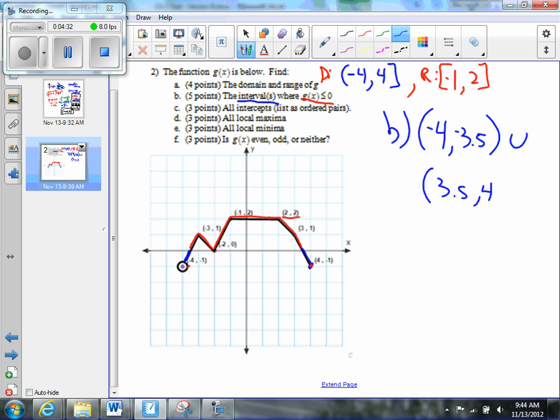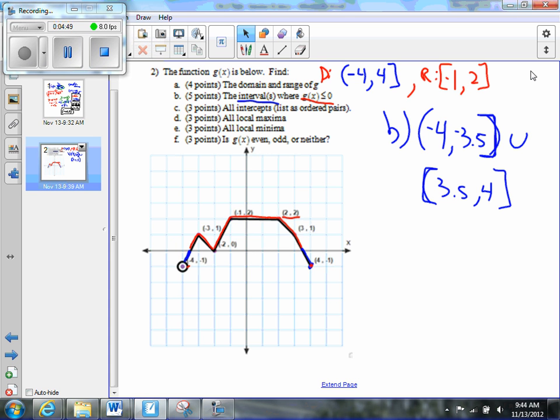Actually, this would be included, and the 4 would also be included. The only thing that wouldn't be included here would be the -4 right over here, because that's an open circle point. So x values from -4 up to 3.5 are less than or equal to 0, and from +3.5 to positive 4 is less than or equal to 0.